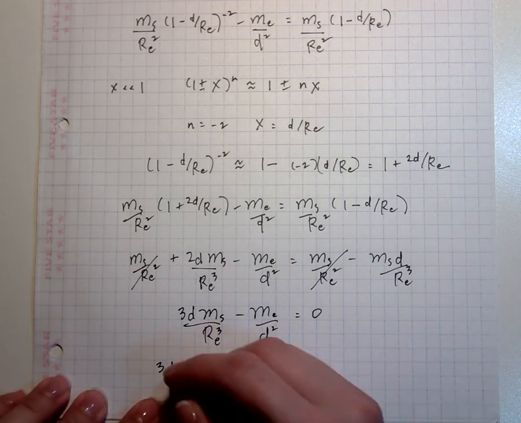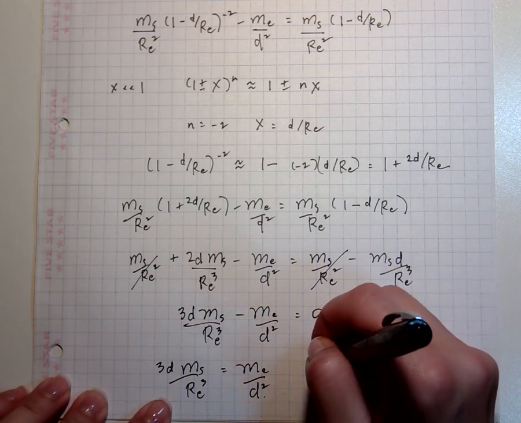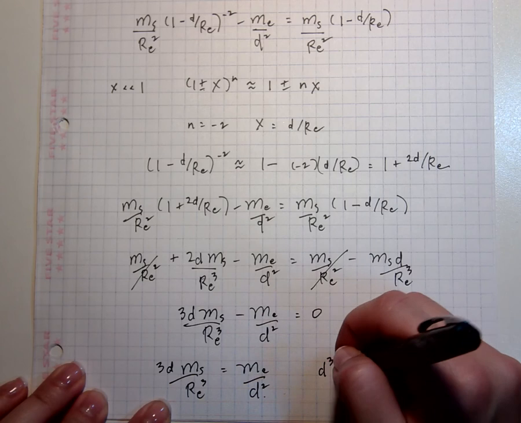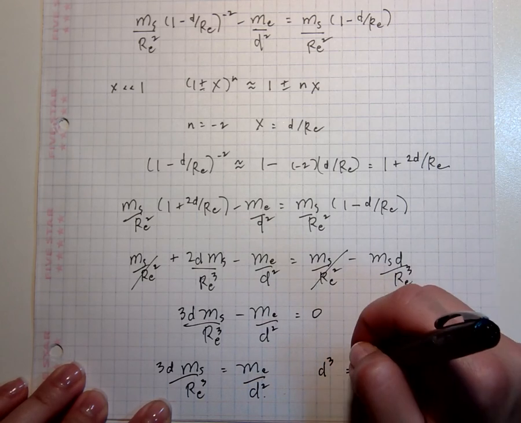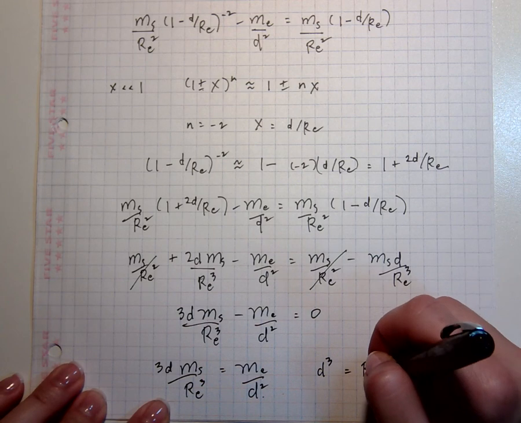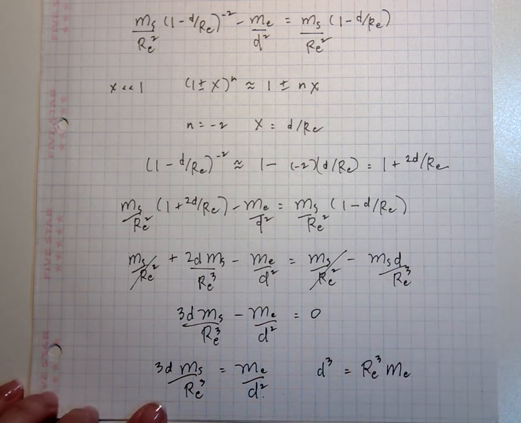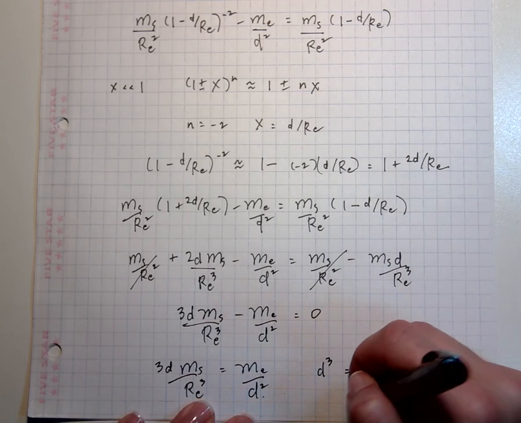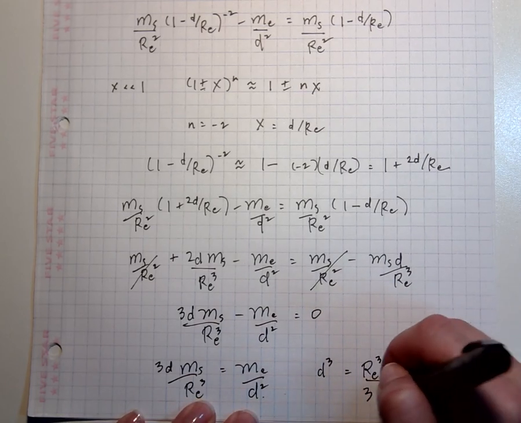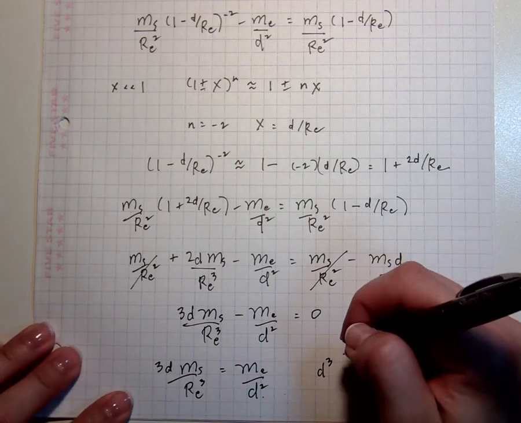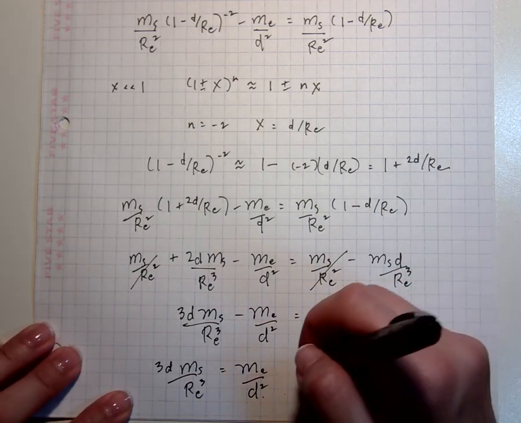If we combine d squareds, we're going to get d cubed. And that's going to be equal to r sub e cubed times the mass of the Earth. Now we divide by 3, divide by the mass of the sun, and then we've combined all the terms. Let's take the cube root of both sides.